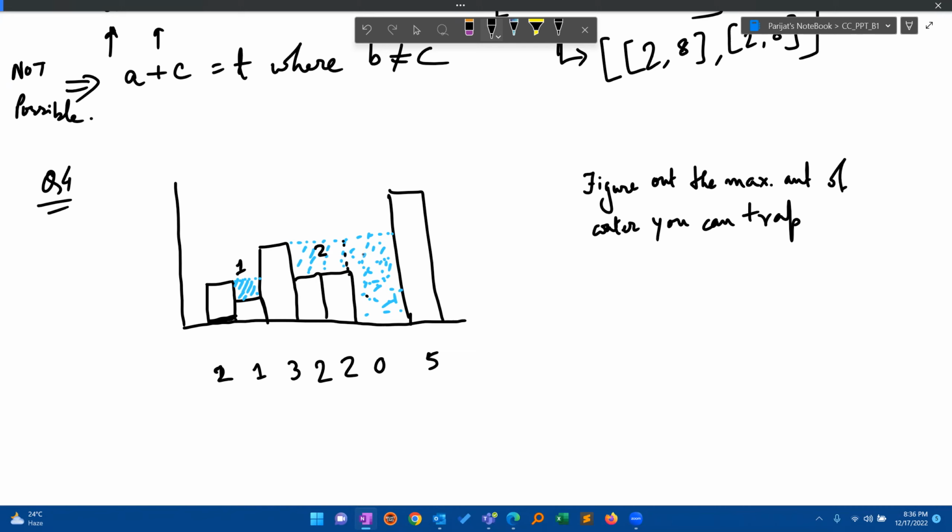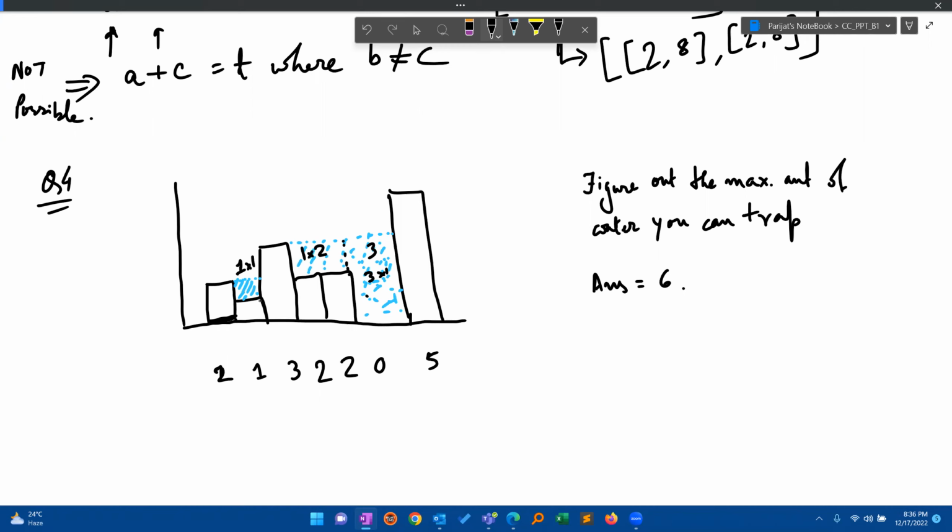And this area is 3 into 1. So here answer is 6. Right? Because this height is 3. So this is 3 into 1. This height is 1. This width is 2. So this is 1 into 2. And this is 1 into 1. Okay, so the answer is 6.